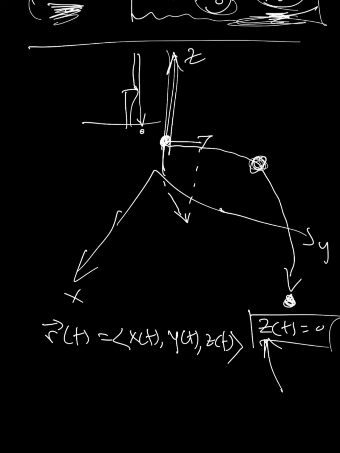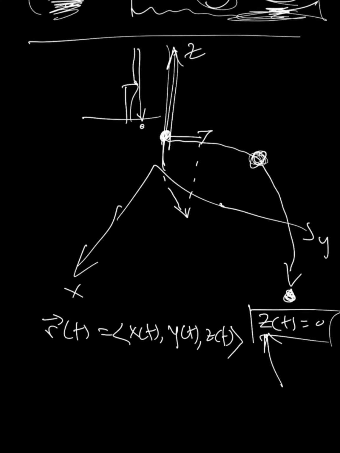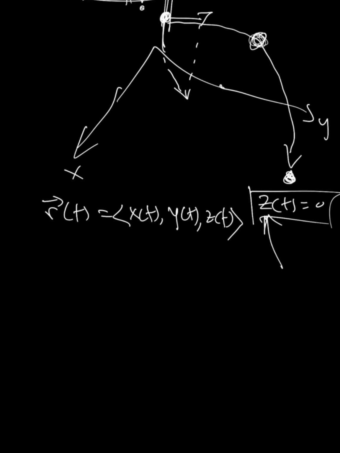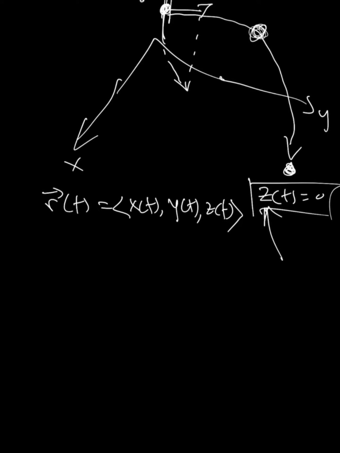Okay, how far? Here's a good one. I think you'll see this on the homework as well. The range. So our book calls it the range. Yeah, the range of this projectile. So that would just be how far it moved in the xy direction.